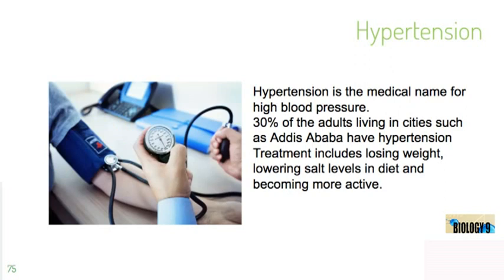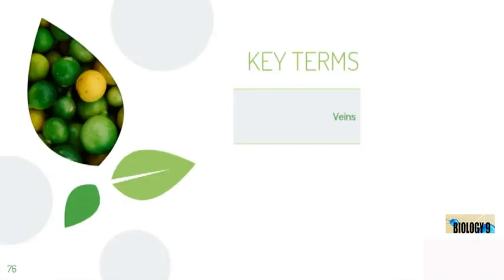So the treatment of hypertension is basically sticking to these various ways to prevent it as well. Just exercising more is a really good start, but a lot depends on the type of foods that you eat as well.